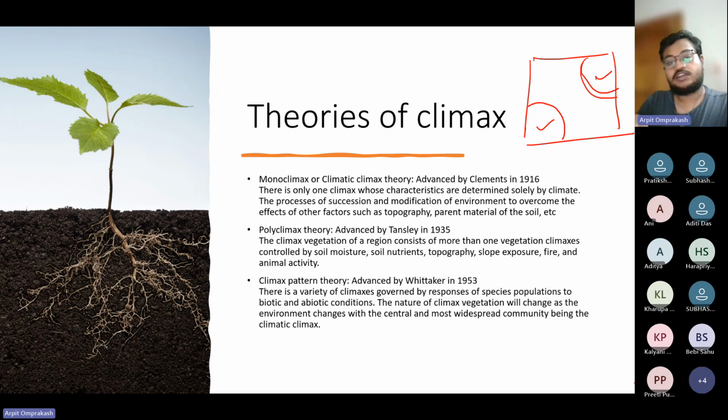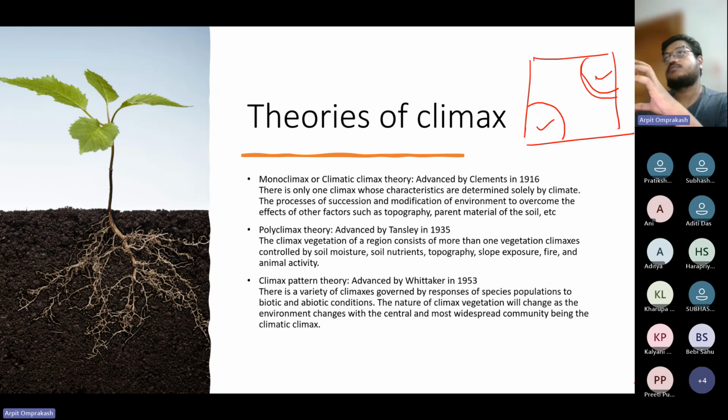there will be a variety of climatic communities which will be governed by how succession occurs or how different species in a community respond to different biotic and abiotic conditions. And he says that the nature of the climatic vegetation will change as the environment changes, but it will be very similar to some central and widespread community that will be called the climatic climax.